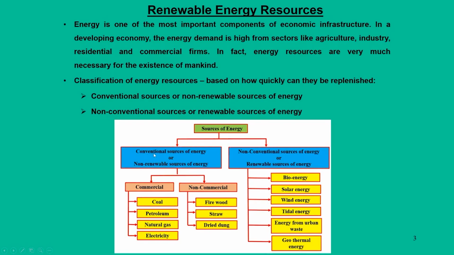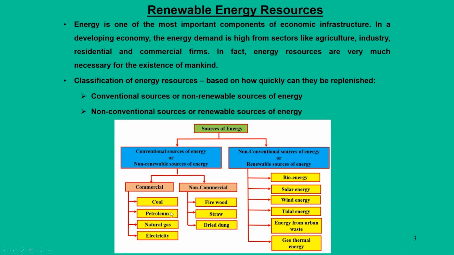Essentially, the classification of energy resources is of two types: conventional sources and non-conventional sources. Under the conventional sources, we have commercial and non-commercial. The commercial category has coal, petroleum, natural gas and electricity. In the non-commercial category, we have firewood, straw, dried cow dung.